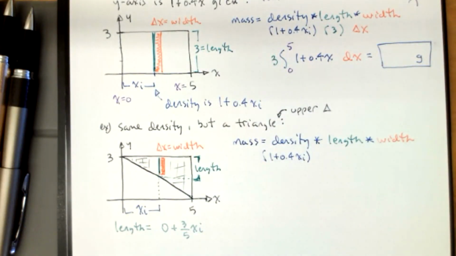When x is 0, the length is 0. When x is 5, the length should be 3. So that means we start off at 0 and increase by 3/5 times xi.